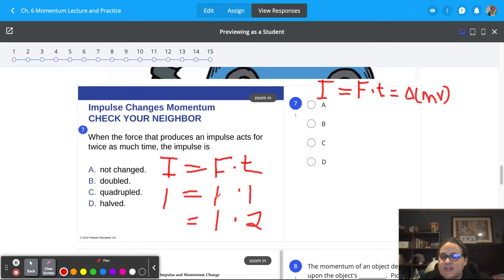So we have a force that is constant. I went ahead and plugged it in as a 1, time as 1, to give us an impulse of 1. Then if I were to double time, so spend twice as much time applying the force, I will double my impulse. So it'll go from 1 to 2 in this example.